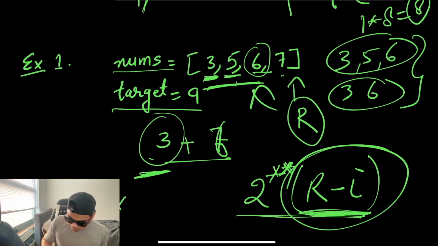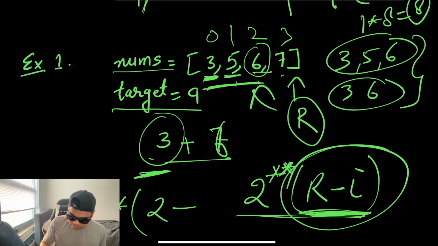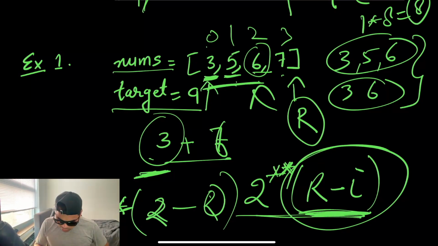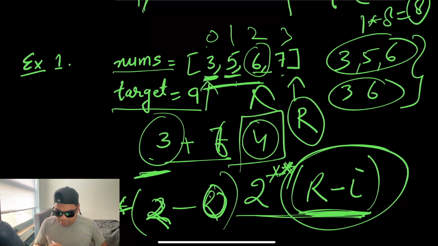So that will be 2 to the power, what is r here? 0 1 2 3. r is basically 2 minus 0, 2 minus, I'm pointing it over here, 0 1 2, 2 minus 2, no, 2 minus 0, that is 2, but basically this is my right, 2 minus 0, which gives us 2, and 2 to the power 2 is basically 4.